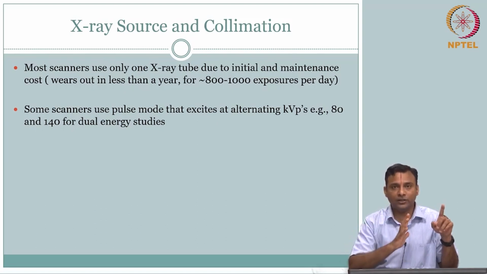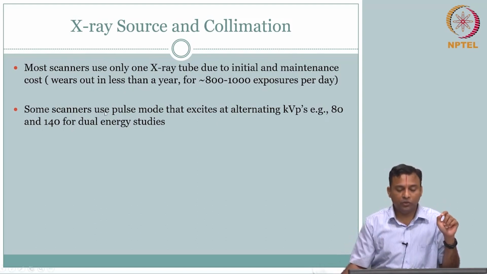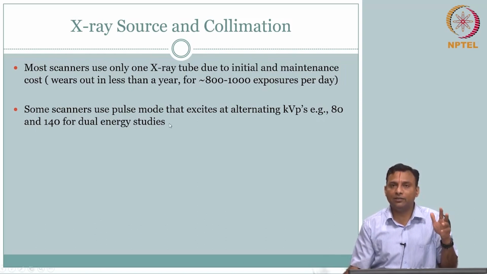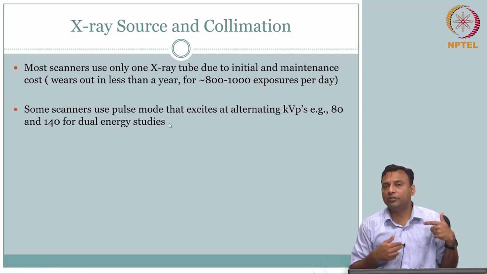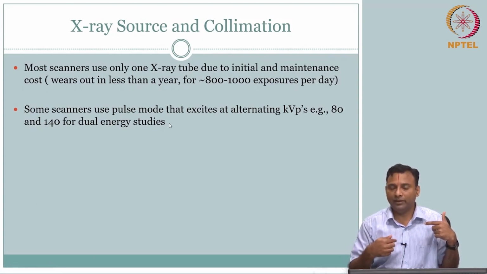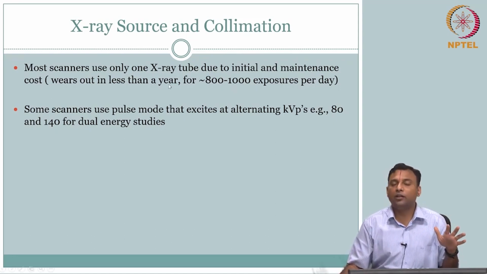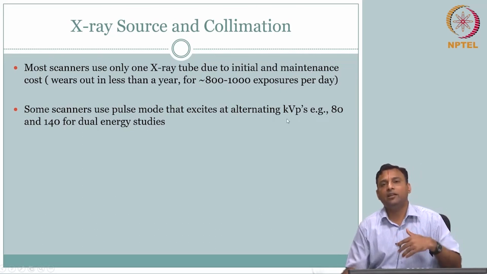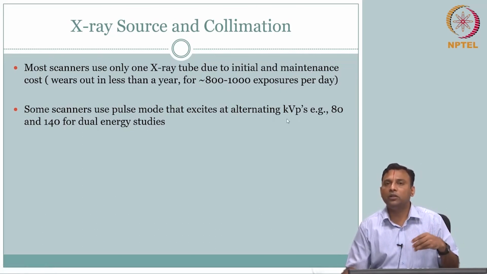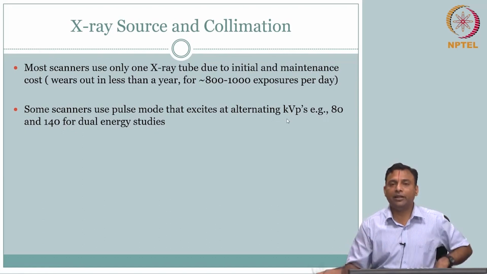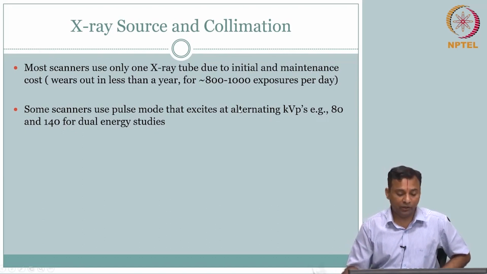That is the spectrum that goes in. You could do that at two different energy levels, because we know mu is a function of energy also, a material property. So you do the data acquisition at two different energy levels, then we could use that information to tease out the difference in the material property. So dual energy X-ray you could do.